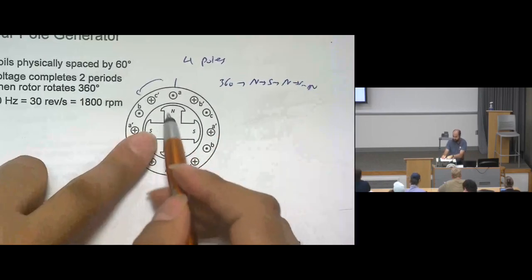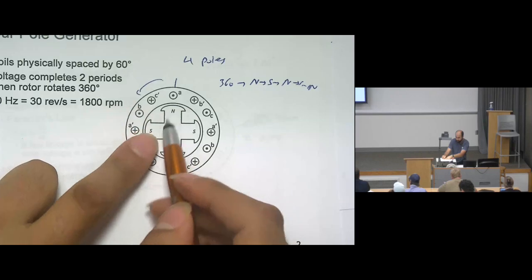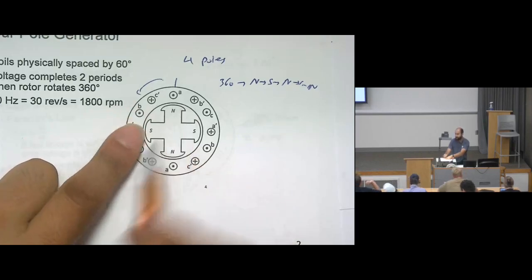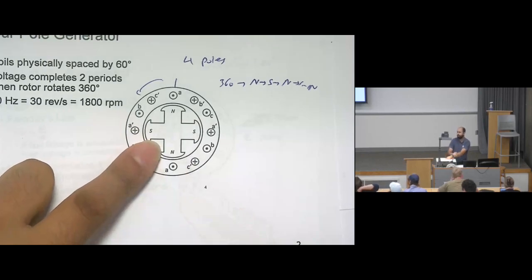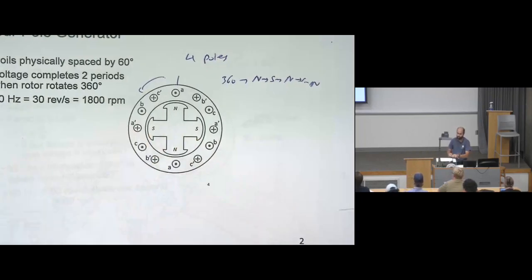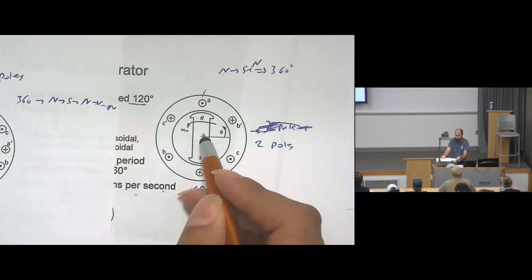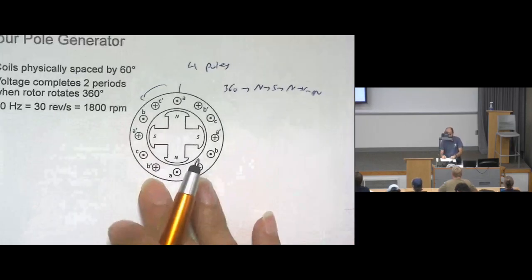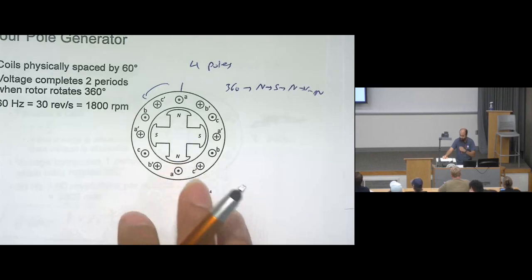Every certain number of degrees the poles change. 360 divided by 4 is 90 degrees, yes. Every 90 degrees, the poles are changing. It's not like here, where every 180 degrees the poles are changing. So we see that it matters in completing one rotation.